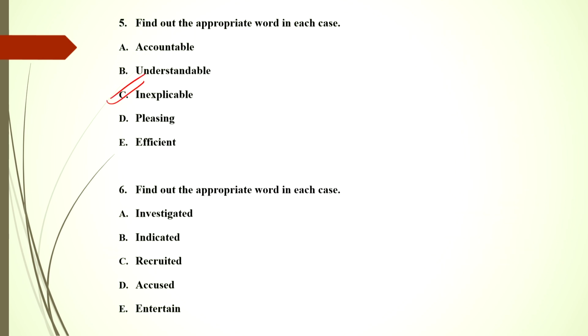Hence, looking at the options, inexplicable fits the blank perfectly, as inexplicable means unable to be explained or accounted for. Thus, the word fits in the fifth blank to convey that it is surprising how even the institutional mechanism is unable to probe the invasions. The other words do not fit in the blank, hence option C is the correct answer.